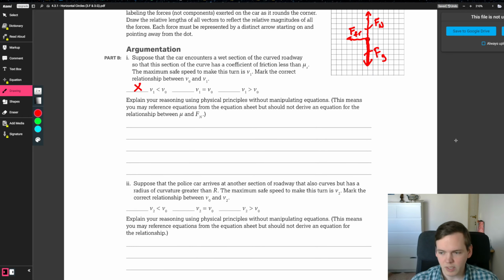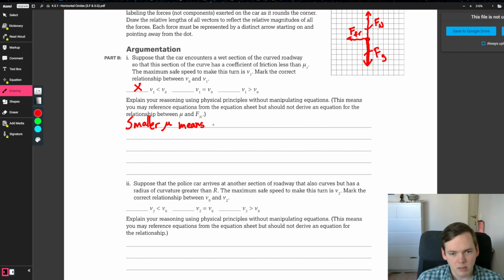And the logic here is what I had just said. So smaller mu means, and I'm writing this shorthand. If you were writing it on the test, you'd want to write it a bit clearer, but because we're talking through it as well, that leaves me some play there.